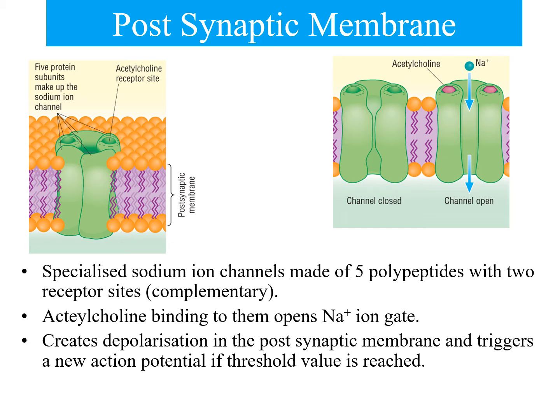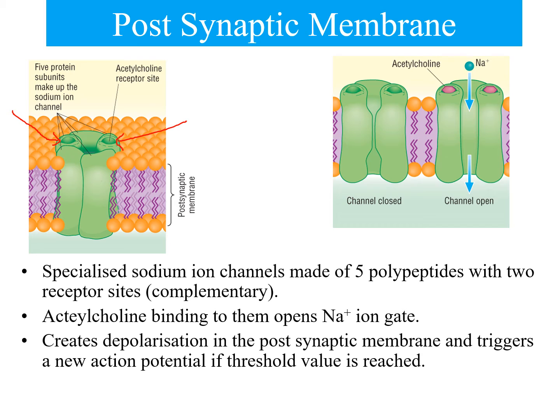These receptors are built out of 5 polypeptides, and within those 5 proteins there are 2 receptor sites. You can see one of them there on that diagram and one of them there.